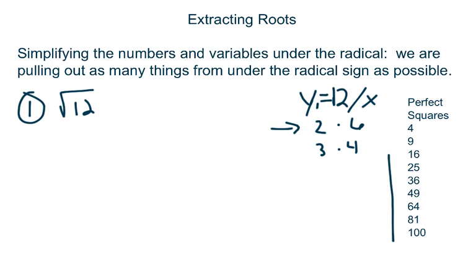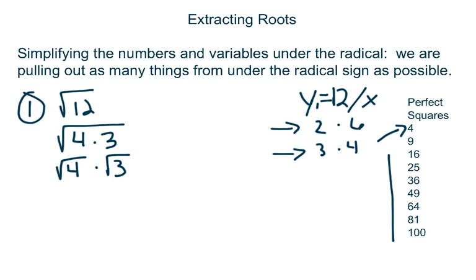So we're either going to choose this set of factors or this set of factors. We've got to identify which set of factors has a perfect square in it. Well, this one has a 4, and 4 is in our list. So we're going to break this down into 4 times 3. I can break this apart, if you remember, from our square root rules that you learned before you came to my class.